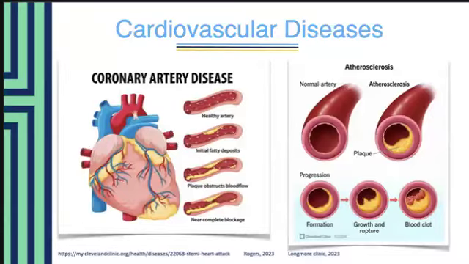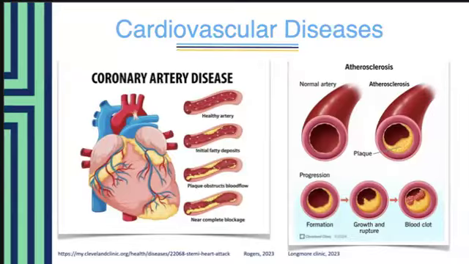When we're looking at cardiovascular diseases, atherosclerosis is an underlying disease process involving that buildup of plaque within the artery walls, while coronary artery disease specifically refers to atherosclerosis affecting the coronary arteries that supply blood to the heart. Now, CAD is a manifestation or complication of systemic atherosclerosis.